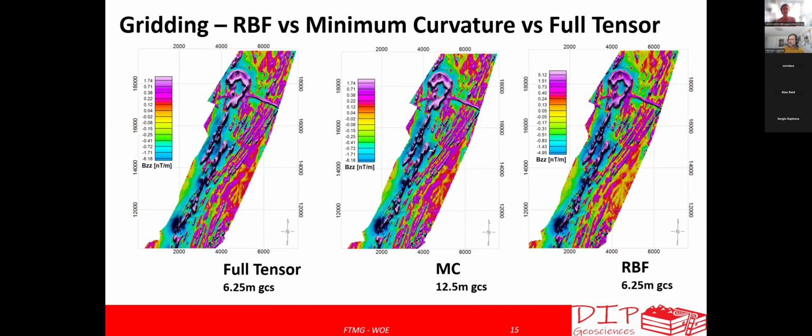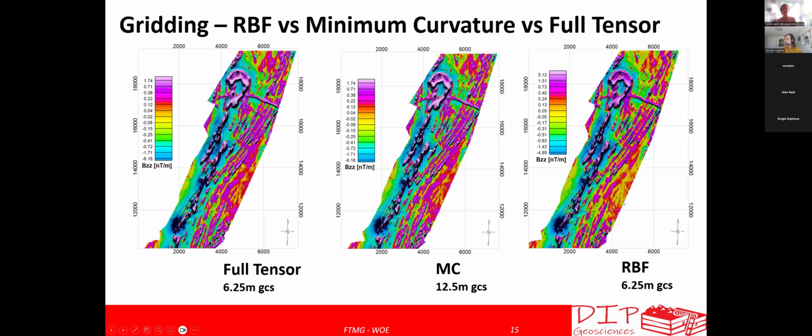These are some results of what we got with full tensor interpolation, and for this case, we used Intrepid, the same algorithm that Andre was discussing before. I'm showing BZ set. For this, we use full tensor interpolation, and we are at 1/8 of the line spacing, so 6.25. This is minimum curvature, just interpolating a single component, 12.5 grid cell size, and then the RBF at 6.25.